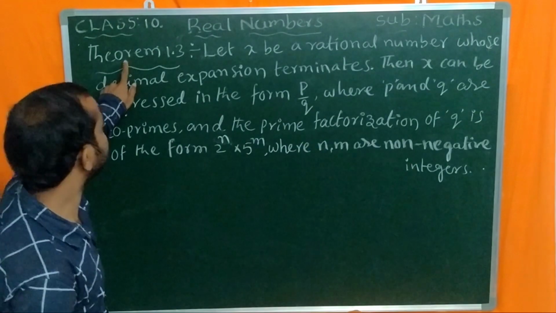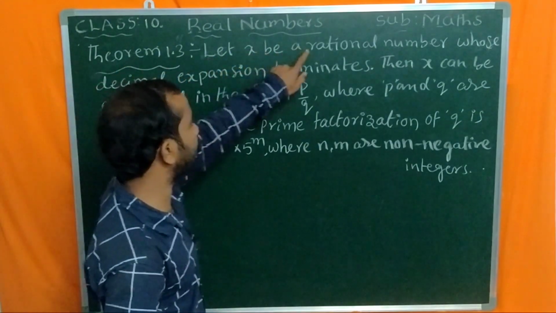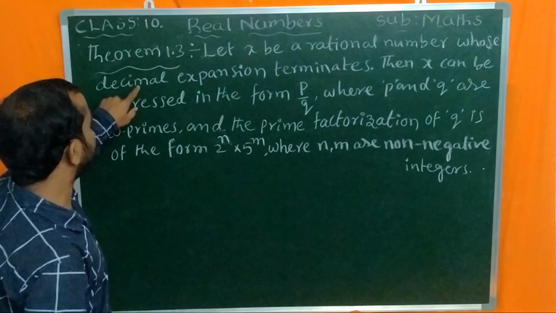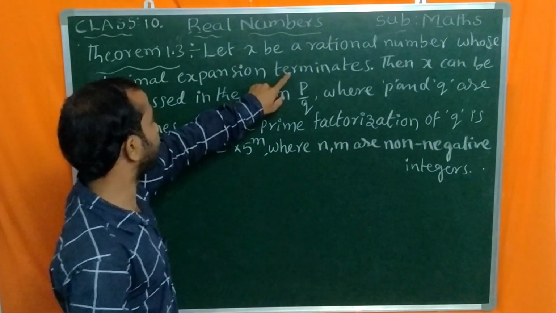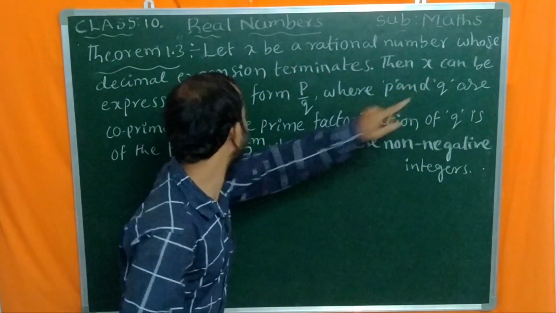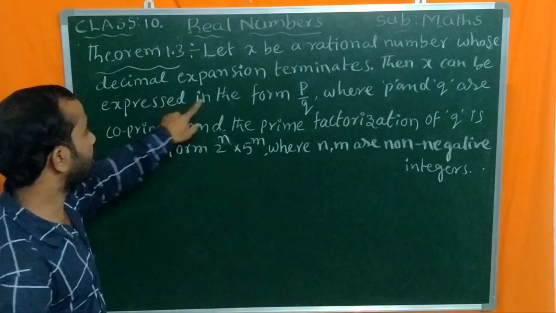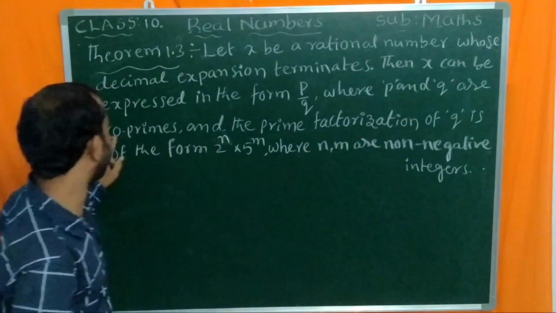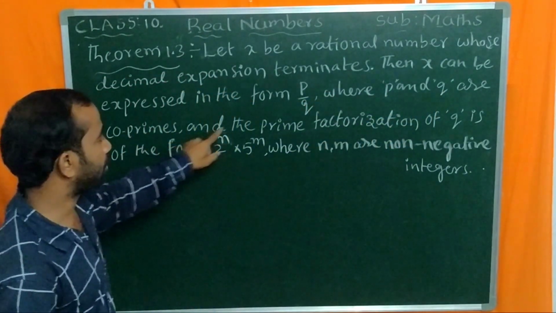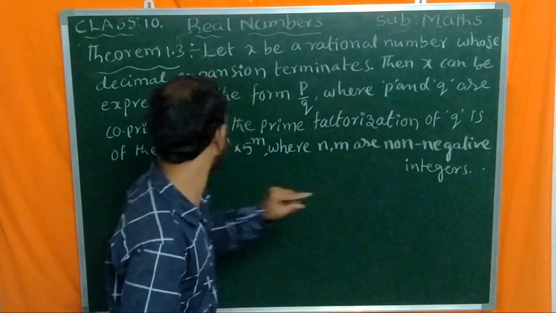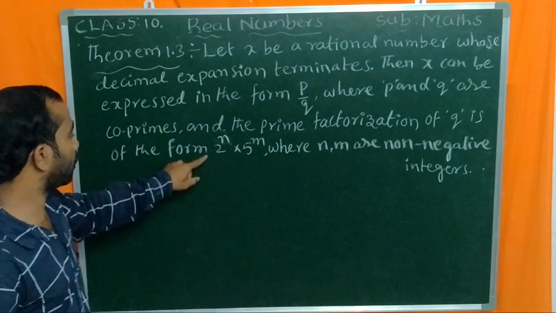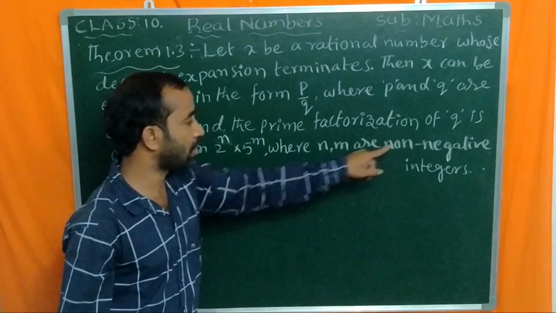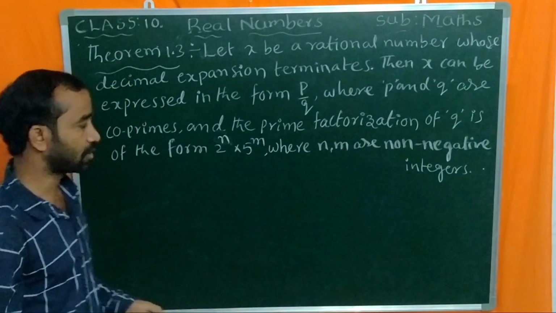Next, the third theorem. Let x be a rational number whose decimal expression terminates. Then x can be expressed in the form p by q, where p and q are coprime and the prime factorization of q is of the form 2 to the power of n into 5 to the power of m, where n, m are non-negative integers.